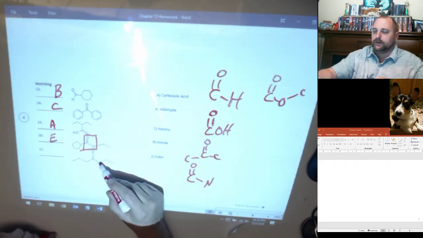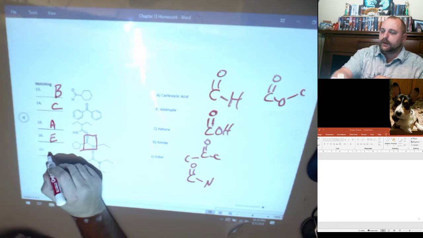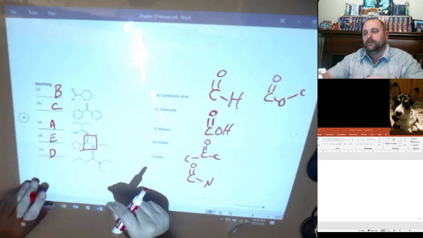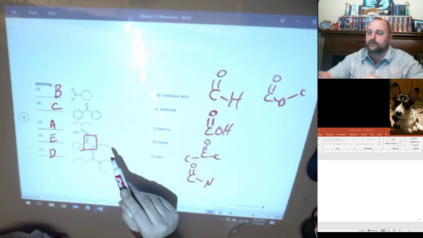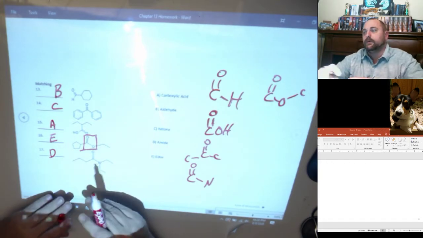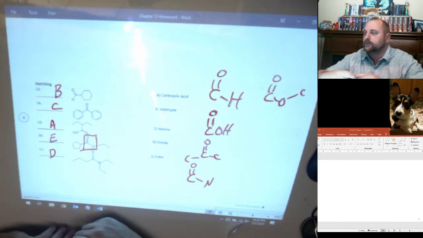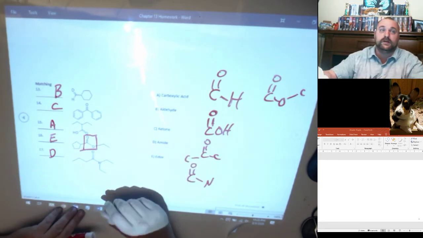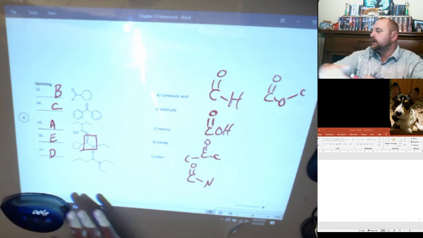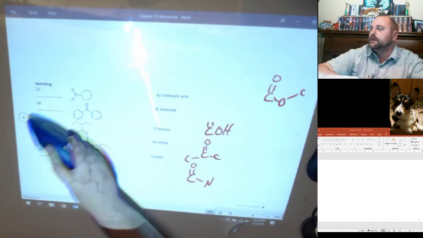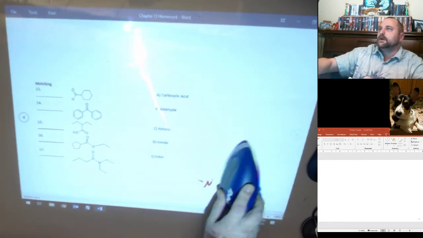And this one has an N next to the carbonyl, and that's my amide. Nice and easy. What could be fun is when we do, much like we did on that first exam, when we have a whole bunch of these functional groups. So on the final, we expect you to be able to do these pretty easily. And so I believe that's the end of that homework from chapter 13.